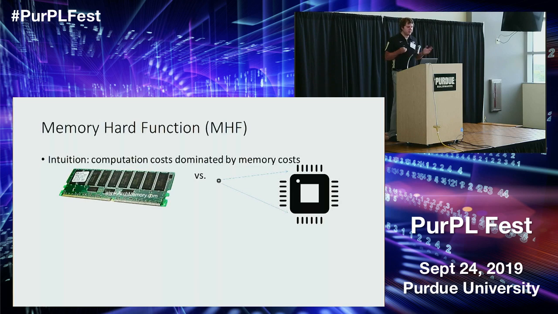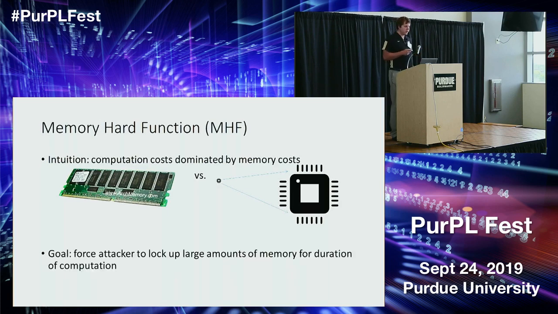The intuition for a memory hard function is we want a function where computation costs are dominated by memory cost. So instead of having the attacker just use some small core on an ASIC to compute this function, we want the attacker to have to fill lots of memory and maintain lots of memory throughout the entire duration of computation.